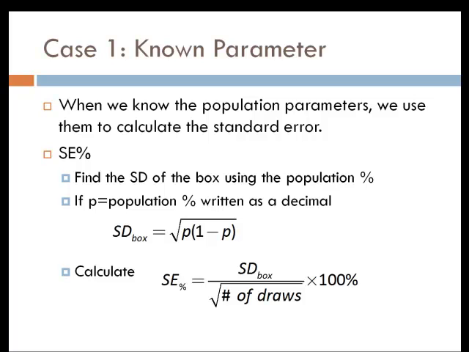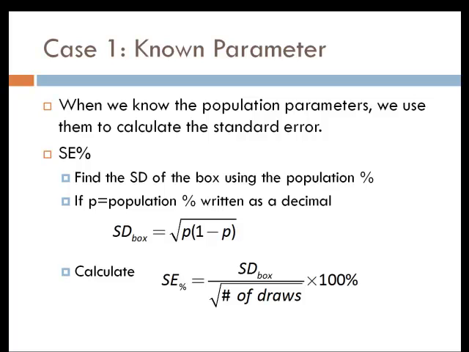Now, we've done this from two directions. In Chapter 20 and the first part of Chapter 23, we've talked about it from the position of knowing what that parameter was. So we have a box model, we know what the population looks like, we construct the box, and we calculate the SD of the box by taking the proportion of tickets that are ones and multiplying that by the proportion that are zeros.